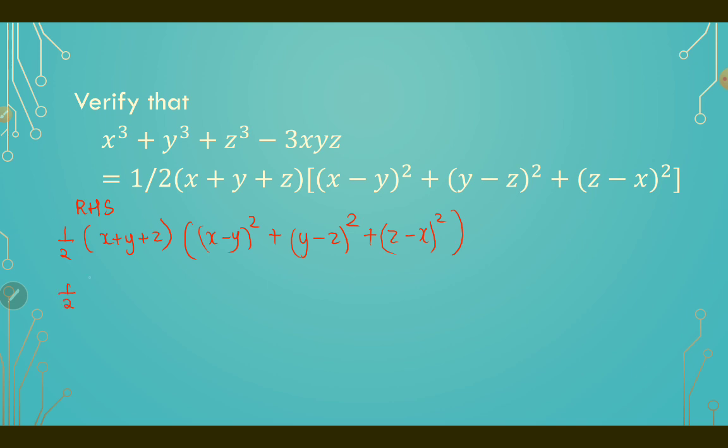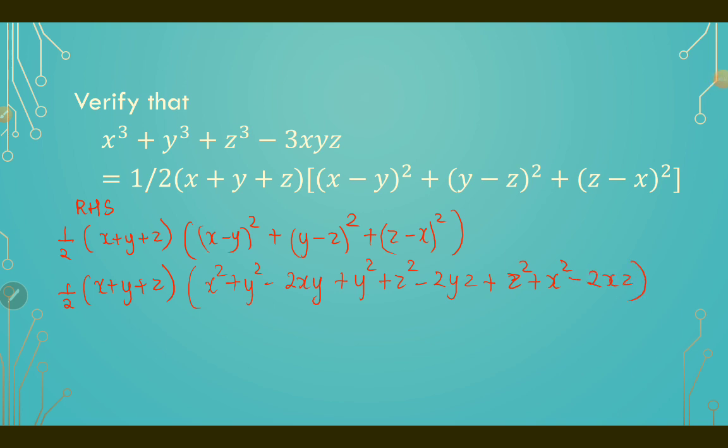That's nothing but half into (x + y + z) into x² + y² − 2xy + y² + z² − 2yz + z² + x² − 2xz.